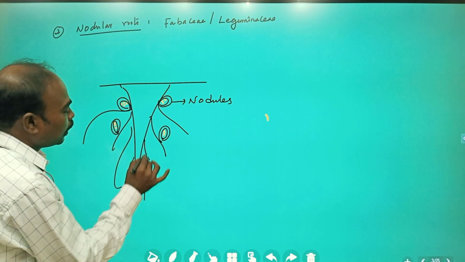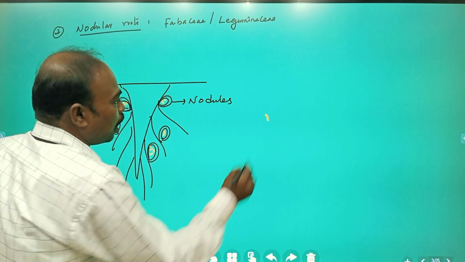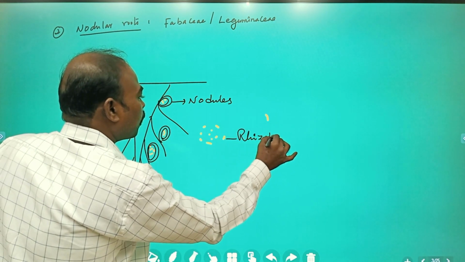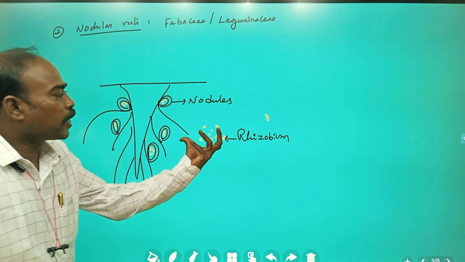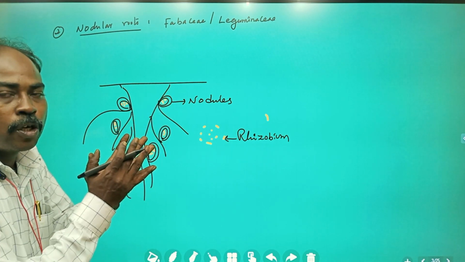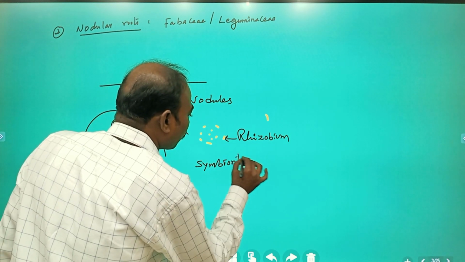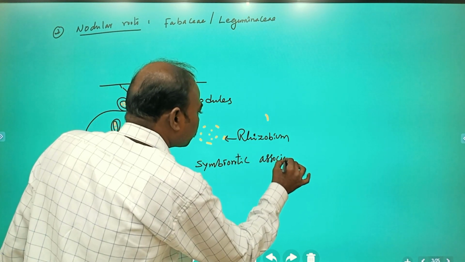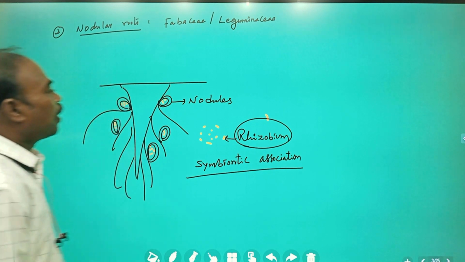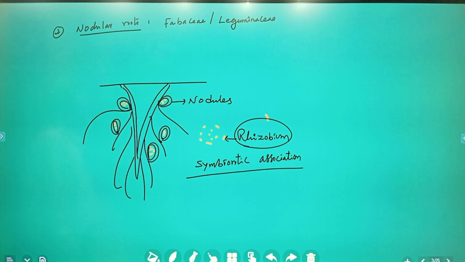From the soil, the rhizobium bacteria enter into the nodule and form a symbiotic association between the rhizobium bacteria and the root of the host plant, that is a Fabaceae plant.